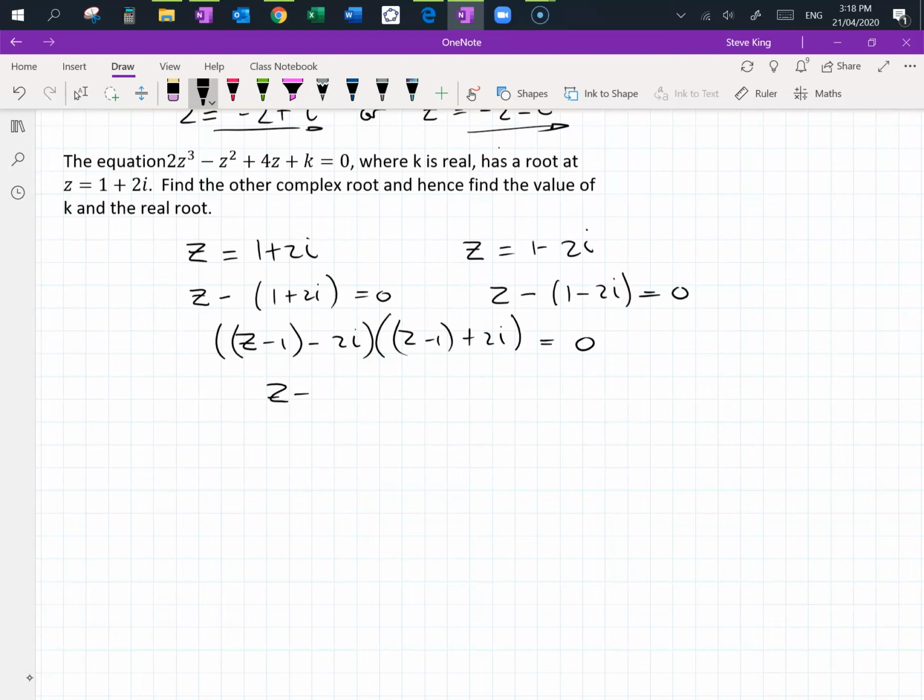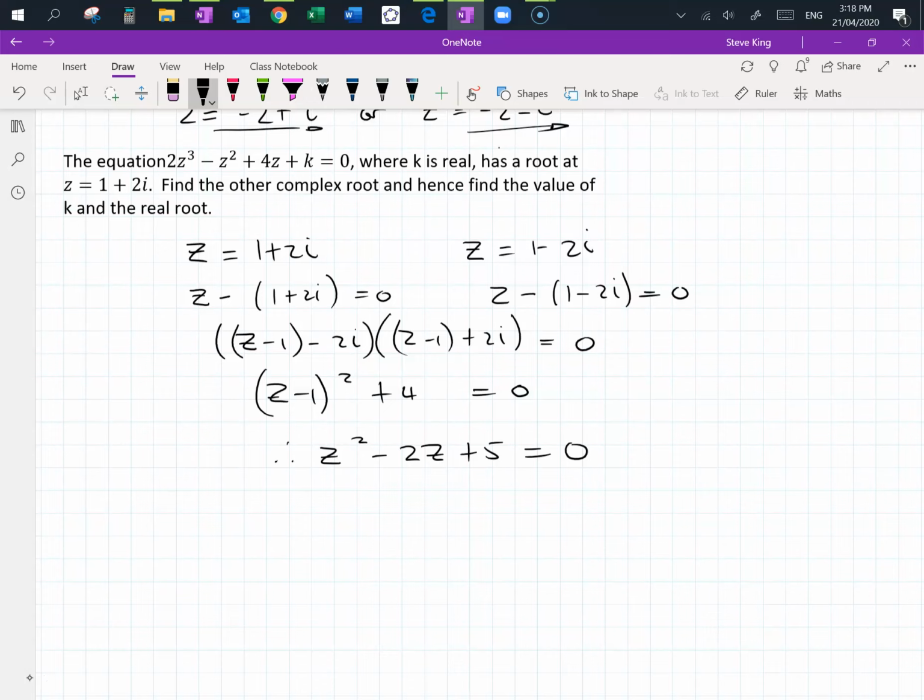And so we're left with z minus 1 all squared plus 4 equals 0. And so I've got z squared minus 2z plus 5 equals 0.